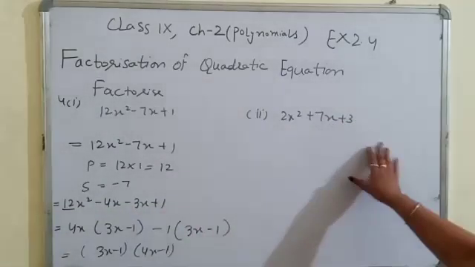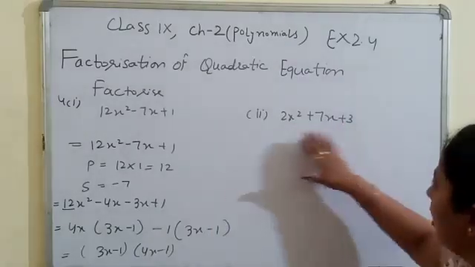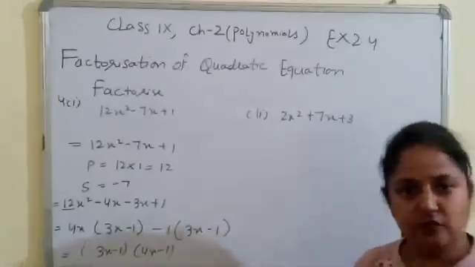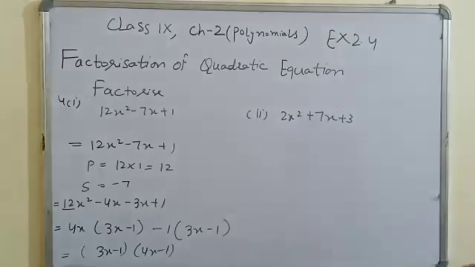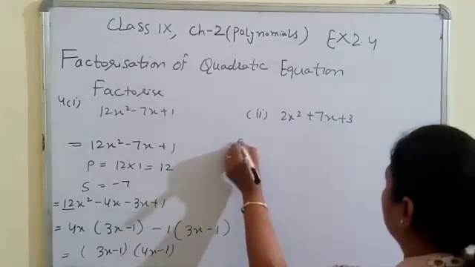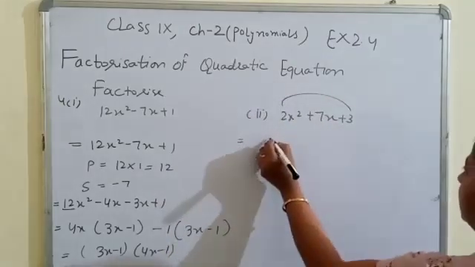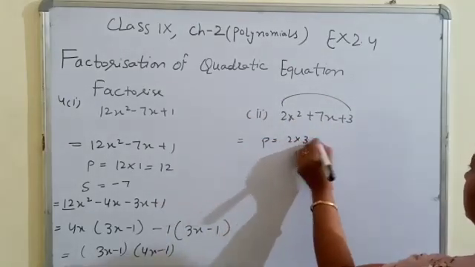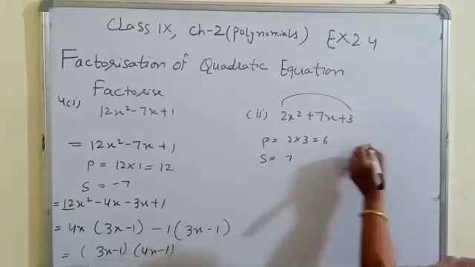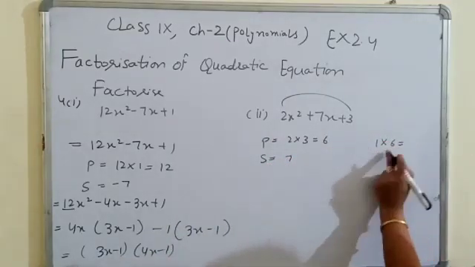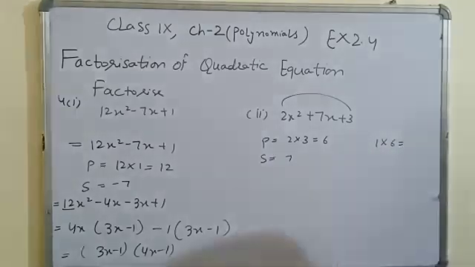Let's see the second. In the second question you can see all three terms have the positive sign. So when we find the factors for the first and third term, they both should be positive. We have to take 2 and 3. Product is plus 6 and their sum is 7. So easily we can make the factors 6 and 1, because 6 times 1 is 6.